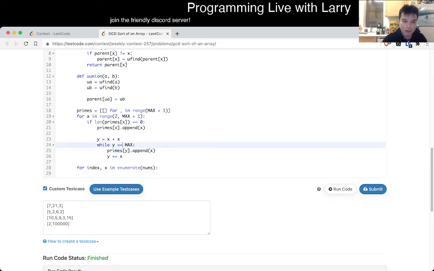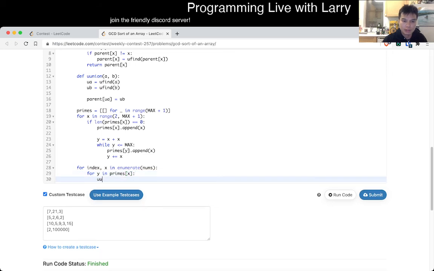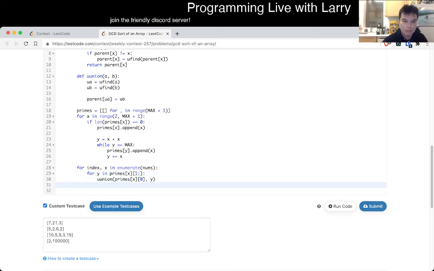So okay, for y in primes sub x, we want to union y with primes of x of 0. So this should be a union. We'll start actually from the first number, so then we skip the first number. Yeah, maybe this should be good.